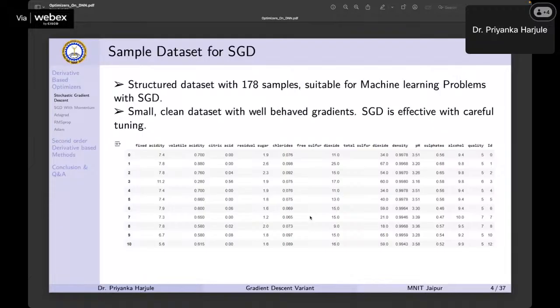SGD is suitable here because of the small, clean nature of the data set. It will provide well-behaved gradients. Well-behaved gradients imply the loss surface is smooth, with no non-differentiable points, and so it is easy for an optimizer like SGD to converge with careful tuning of the learning parameter.